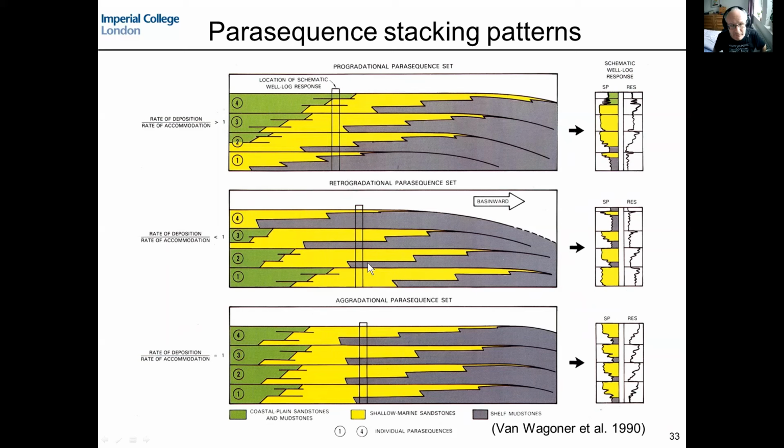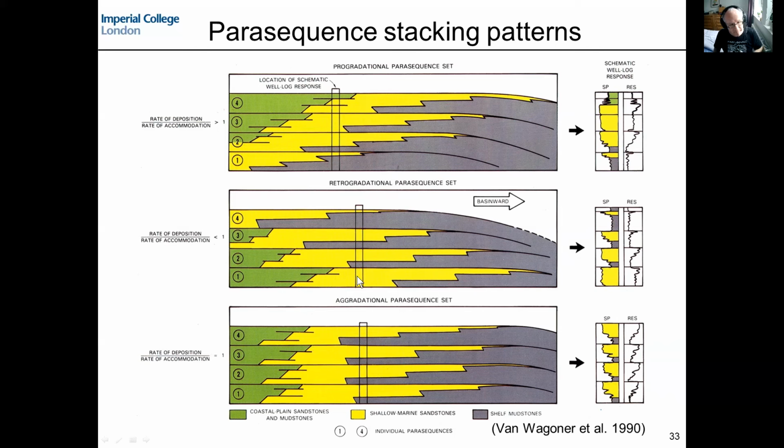What we can see if we take a vertical section through here is that in a progradationally stacked series of parasequences, the lowest parasequence at any one point tends to record the deepest water deposits, and as we go upwards, we tend to see progressively shallower water deposits.